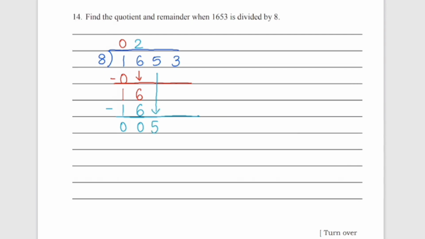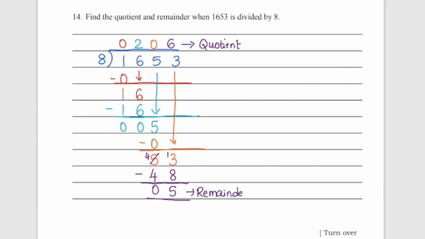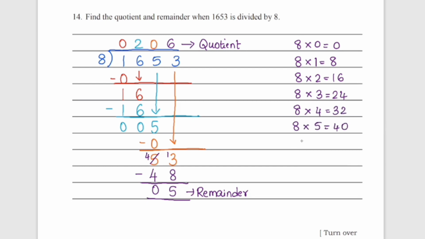Again 8 times 0 is 0, 5 minus 0 is 5, bring down 3. Next we have 8 times 6, 48. 3 minus 8, we have to borrow from 5, 13 minus 8 is 5, 4 minus 4 is 0. Therefore 206 is the quotient and 5 is the remainder. For your reference, there is the multiplication table of 8, starting with 8 times 0 is 0.